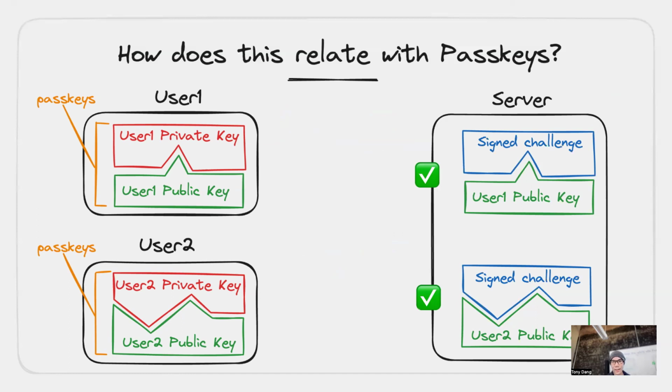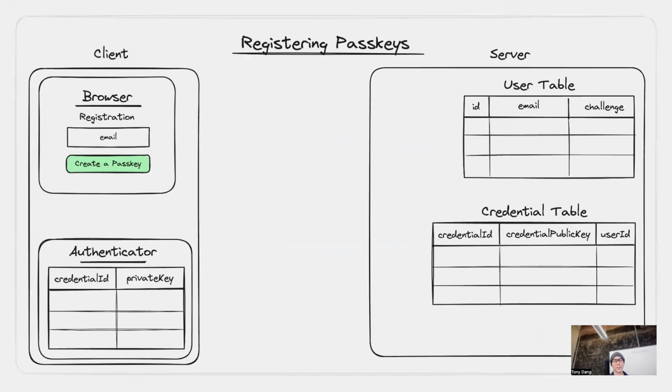All right, so that was kind of like the high level. And now I'm going to go a little bit in more detail, just to show how we would actually implement this in an actual application. So over on the right here, we have our server, and we have a users table where we store basically the user ID, email. And importantly, we are also storing a challenge that we will be using to sign them in.